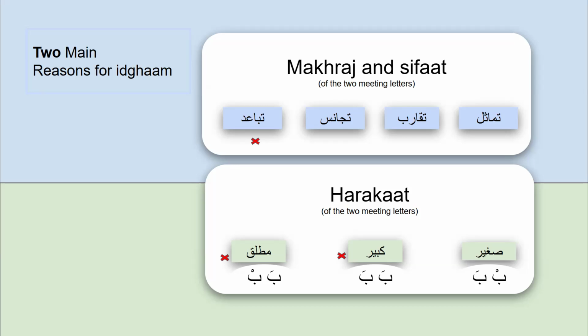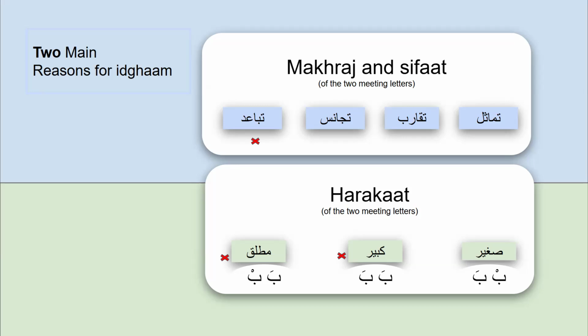If the two meeting letters are both mutaharik, this relationship is called kabir. We don't do idgham in this situation. When the first is mutaharik and the second is sakin, this relationship is called mutlaq, and Imam Hafs has not done idgham in this situation.